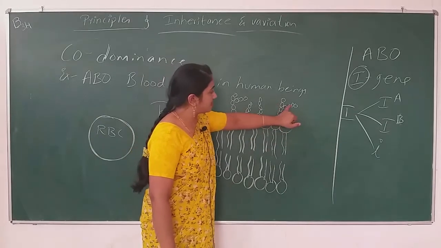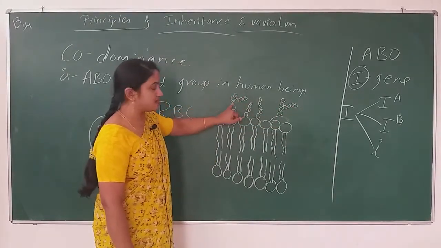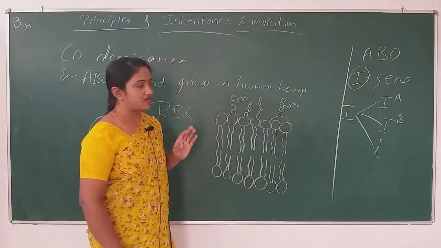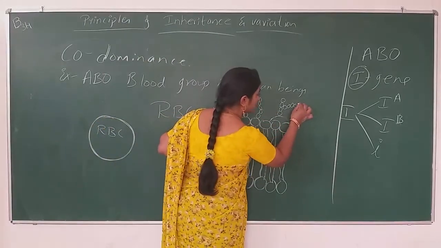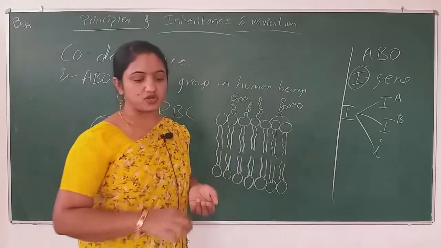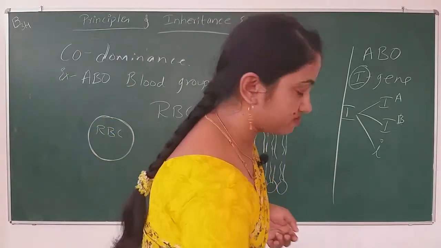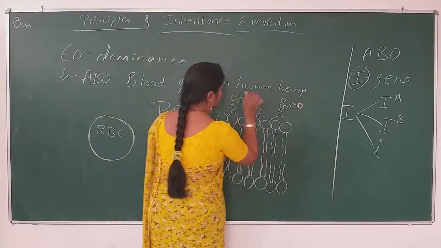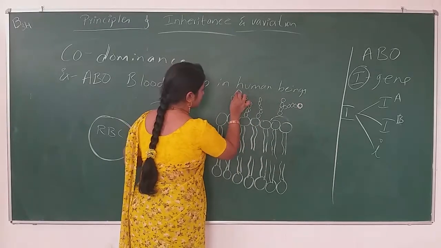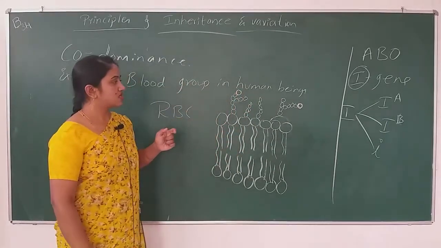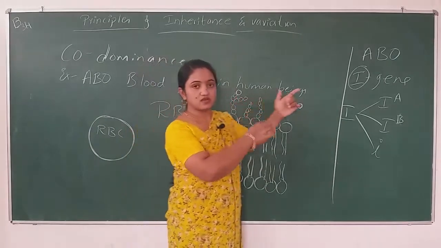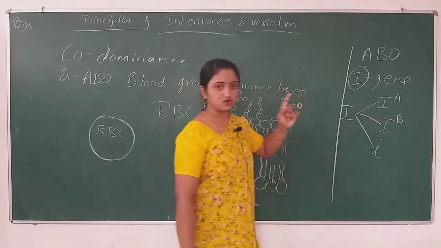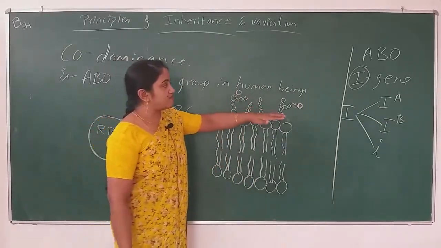Glycoprotein, carbohydrate chain, glycolipid. On these, I'll change the color of the sugar polymer so that you can make it out. If the sugar polymer protrudes, it confirms that a person has A type or B type blood group.